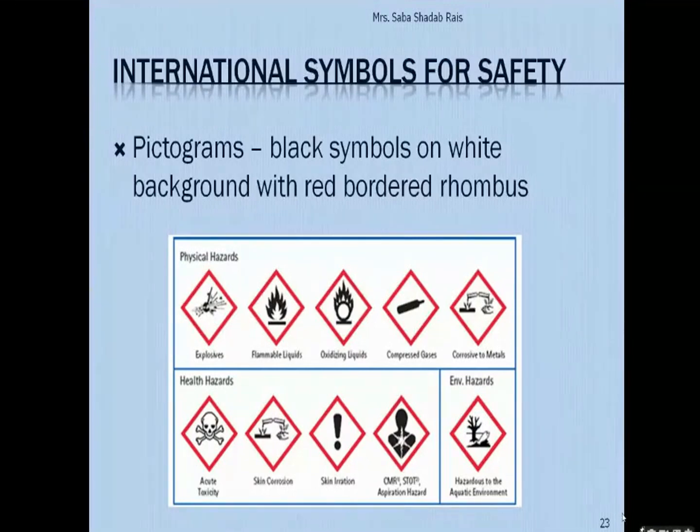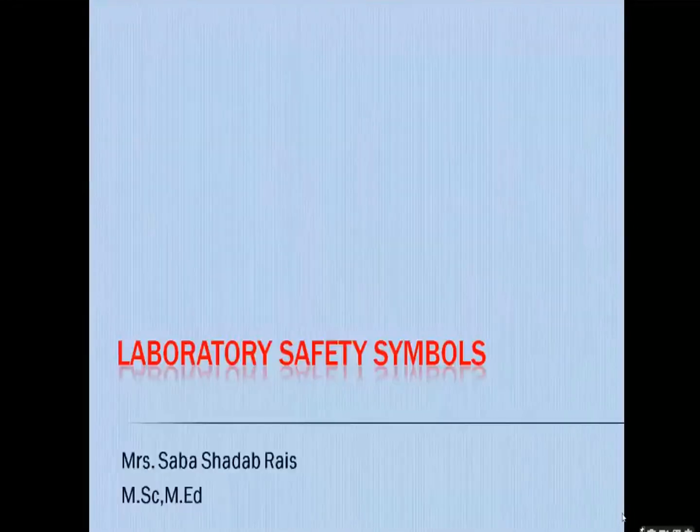The international symbols which we are going to use in our laboratory are classified into three criteria: physical hazard, health hazard, and environmental hazard. So this is about the use of the safety symbol.